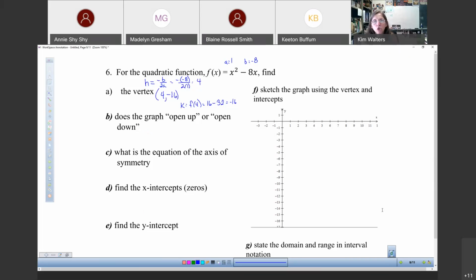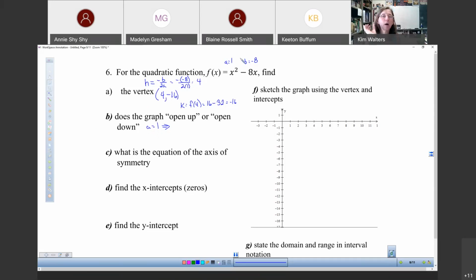Okay, so make sure you're looking at the fact that I'm looking at the A, I'm not looking at anything else. So A is positive 1, and since it's positive 1, that means, and think about this, don't think about the A part. Think about x squared, okay? Think about what x squared looks like. X squared is a parabola that opens up. What's going to make it open down? That would be a negative x squared, okay?